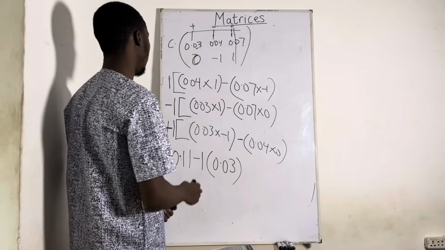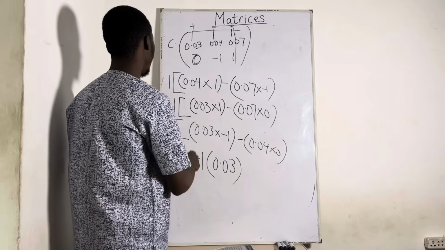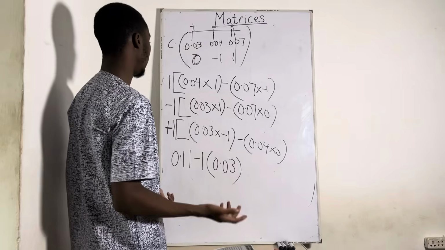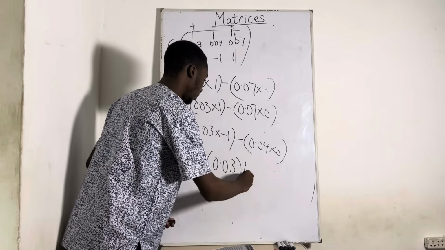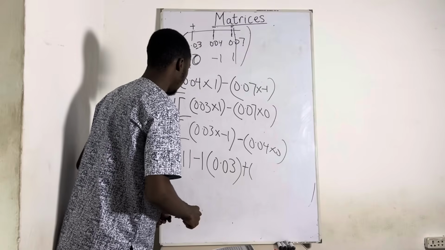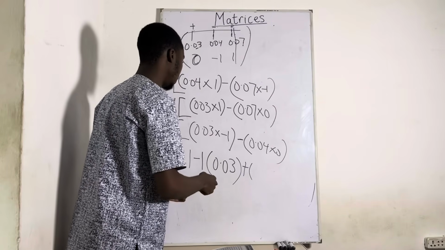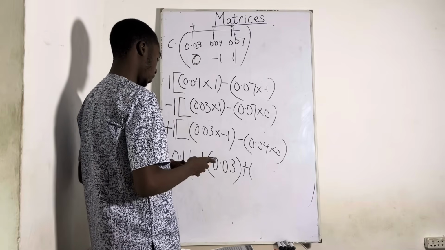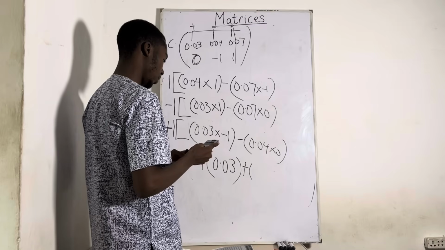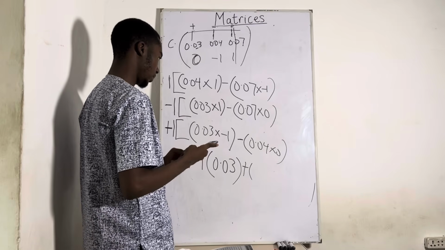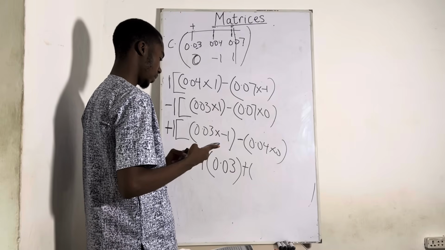You get it. Then plus 1 into brackets. So it's going to be the same. Whatever is here, plus 1 times this will be the same. So you can just do it plus 1 into brackets 0.03 times negative 1 minus into bracket 0.04 times 0.